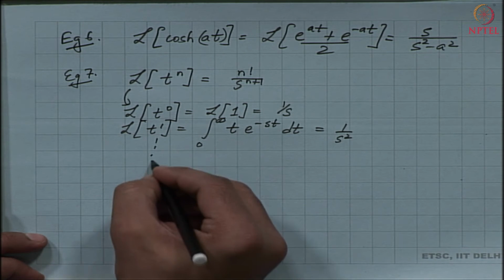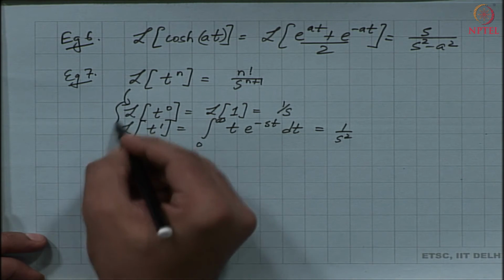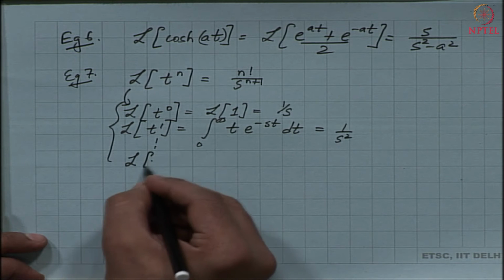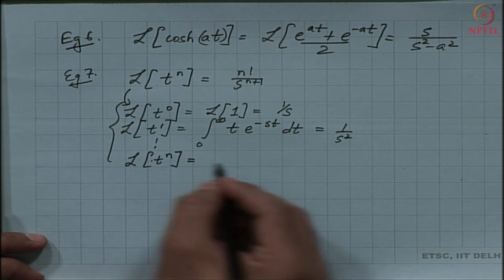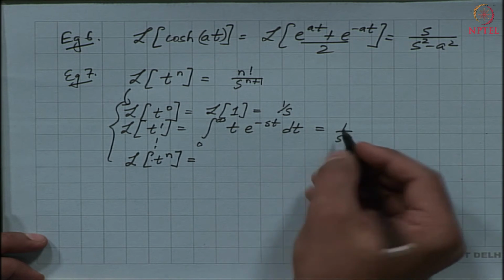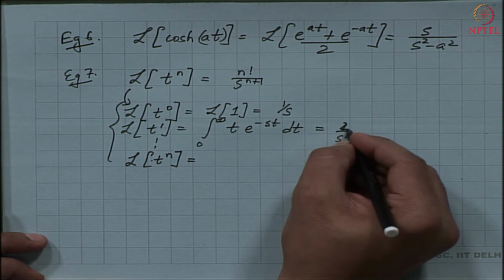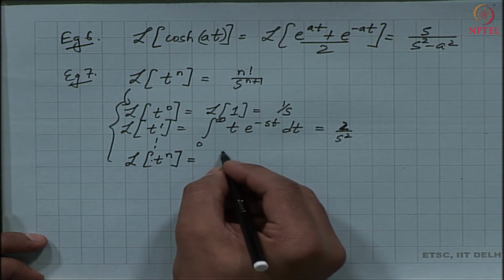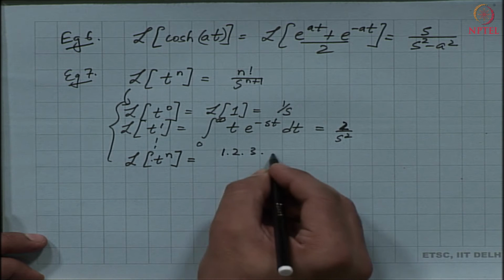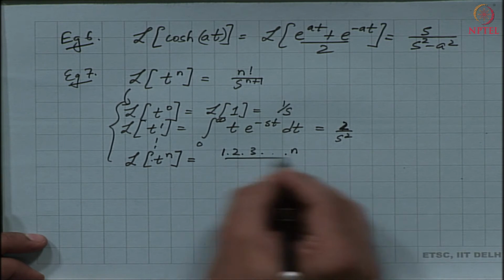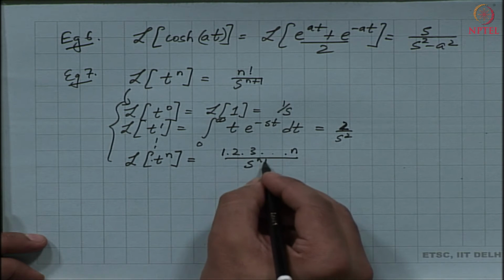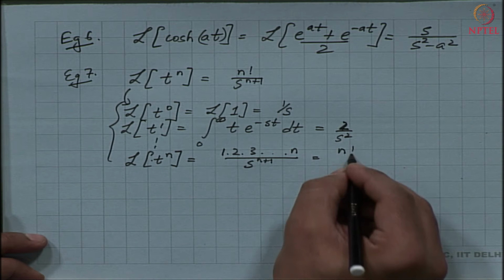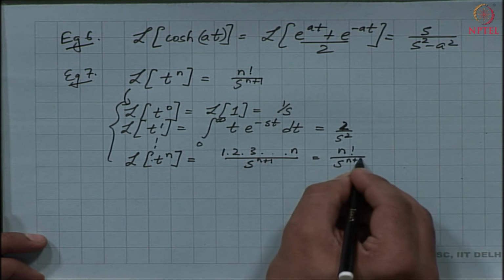Moving in the same fashion, I will get 1 times 2 times 3 and so on up to n, divided by s to the power n plus 1, or this is n factorial by s to the power n plus 1.